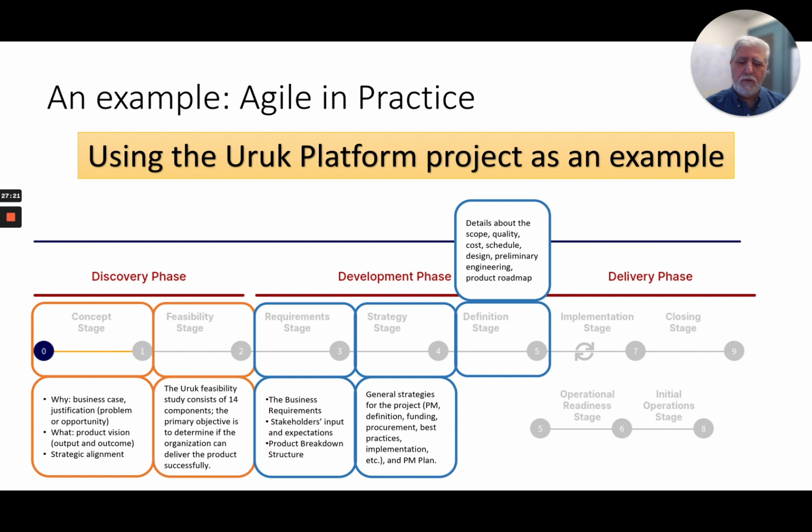For us in Uruk, most of this work ultimately leads to a product roadmap. How do we envision Uruk to look like? And of course, coming up with some kind of timeline, and obviously that timeline has to have a lot of contingency built into it, because there is a lot of ambiguity in this type of project.